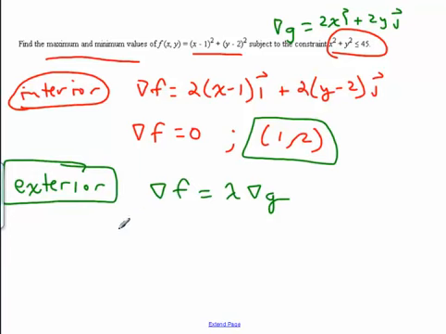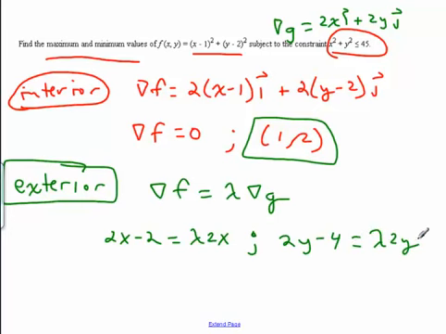So we get the equation 2x minus 2, just expanding this, must equal lambda 2x, and 2y minus 4 must equal lambda 2y.